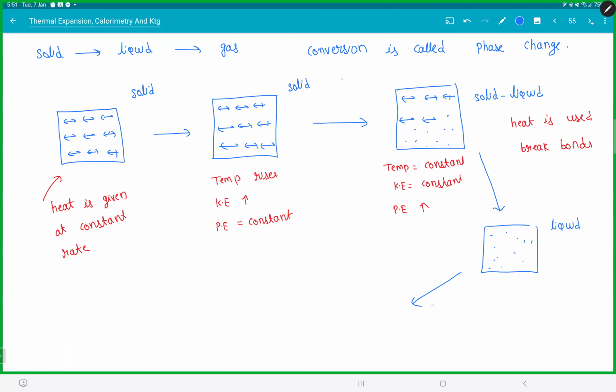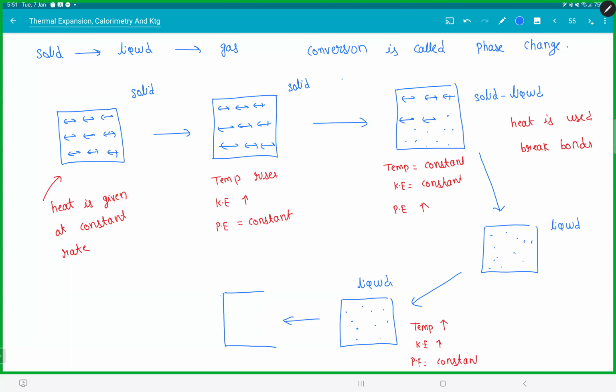If you continue to give heat, the liquid temperature will rise. It still remains liquid. Temperature increases, kinetic energy increases, potential energy remains constant. So potential energy changes only whenever there is a phase change. And then if you continue to give more heat, the process goes on.